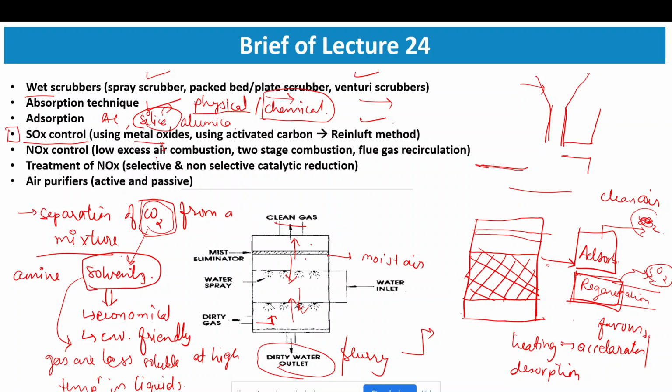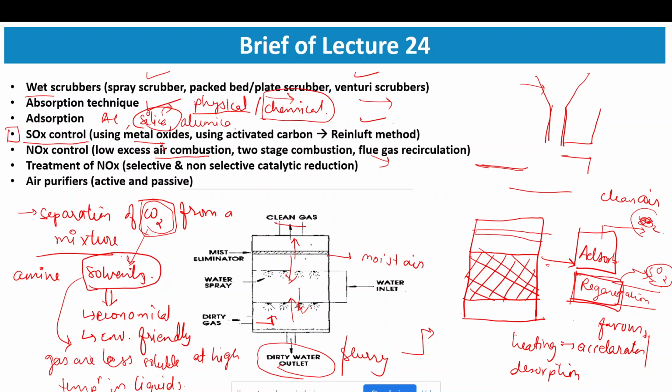So you try to reduce the air excess as much as you can. Then you can have multiple stage or two stage combustion, or you can recirculate the flue gas. In that case you are restricting the amount of oxygen provided for combustion, and that is how NOx can further be controlled.